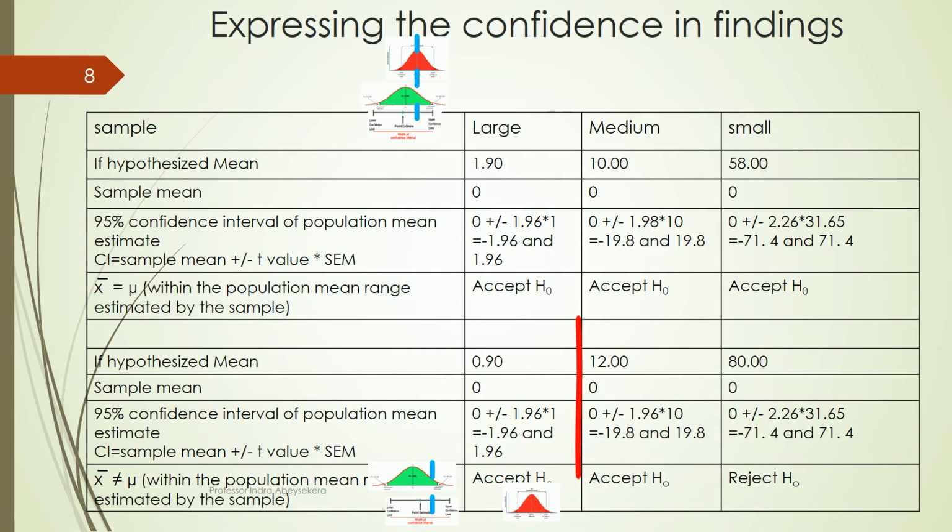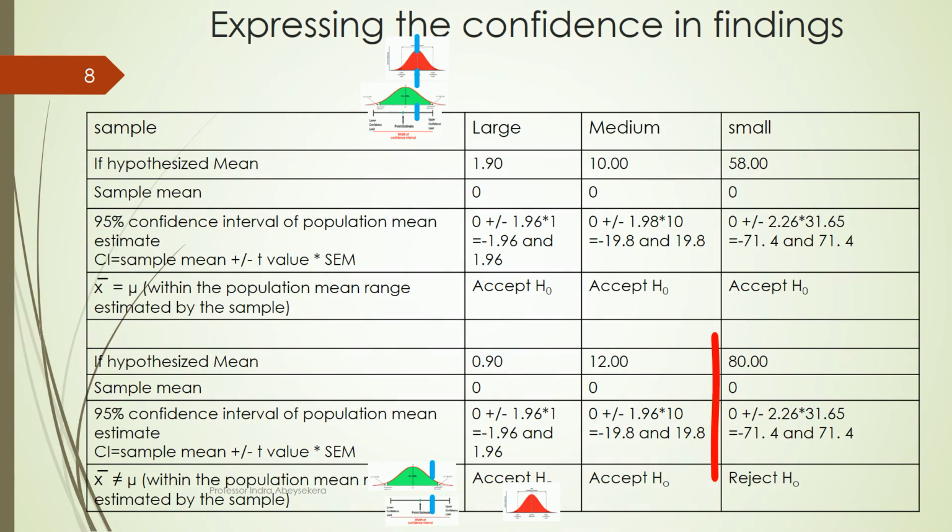For the medium sample, hypothesized mean is 12. The confidence interval is between minus 19.8 and plus 19.8, within which the population mean lies. And the hypothesized mean is within that range of the population mean. We accept the null hypothesis.